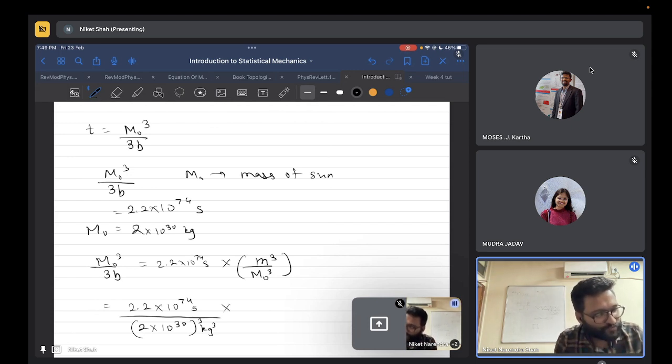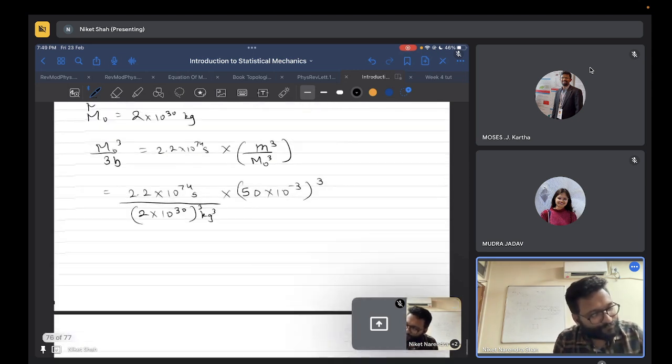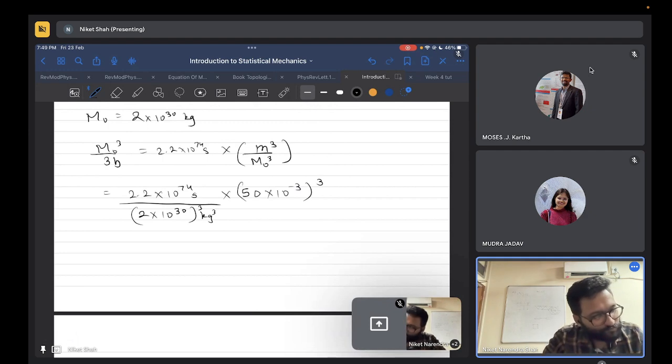The mass of the tennis ball is 50 grams, so 50 into 10 raised to the power minus 3, the whole cube.